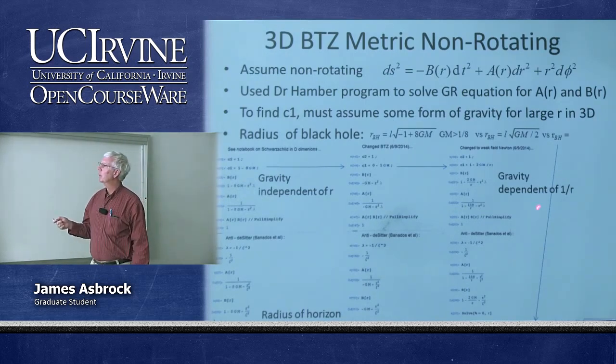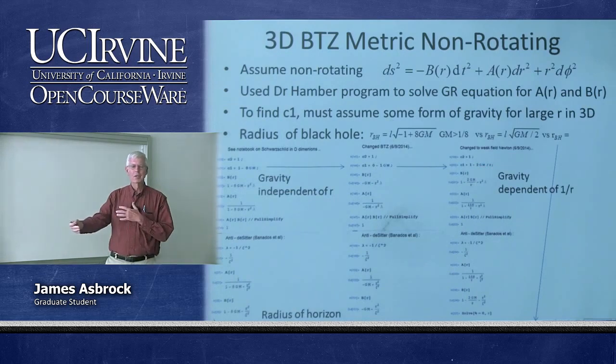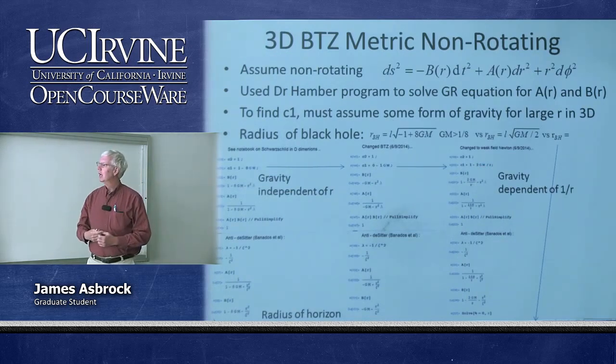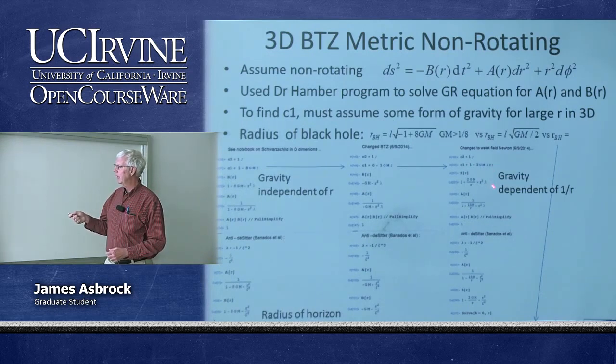What we did in class was to assume that C1 was equal to 1 minus 2GM over r, because that's what we found before in terms of Newton, that the B term was equal to 1 minus GM over r. If you do that, you do get a solution, and these are the solutions.